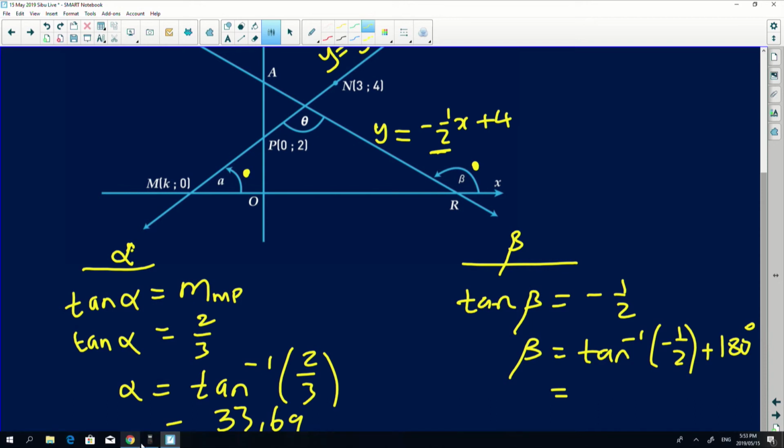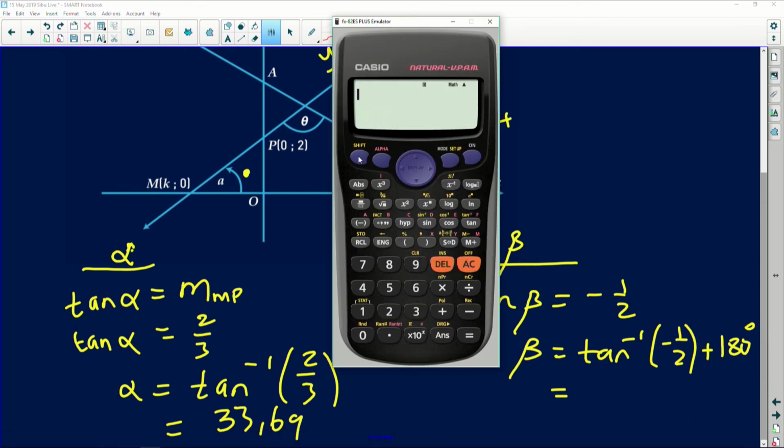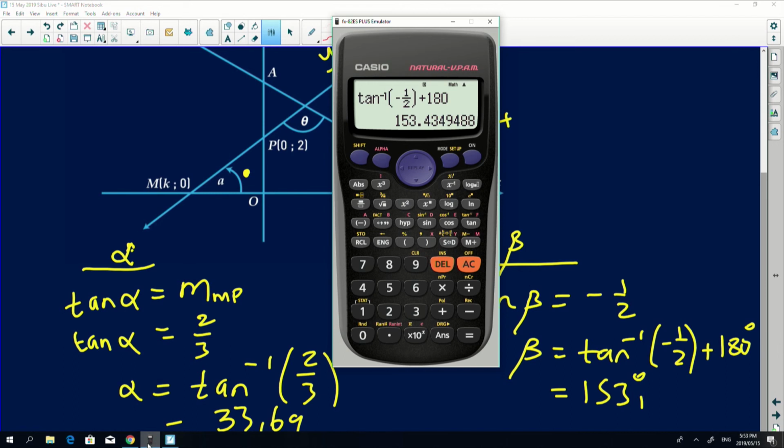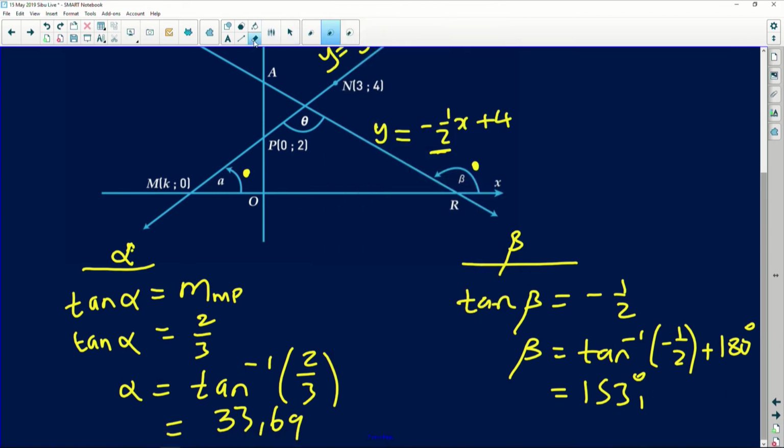We now need to get the value of beta using our calculator again. Shift tan of negative half, that's negative 1/2, close bracket, plus 180 degrees. If you work this out, you're going to get 153.43 degrees. Very nice indeed.